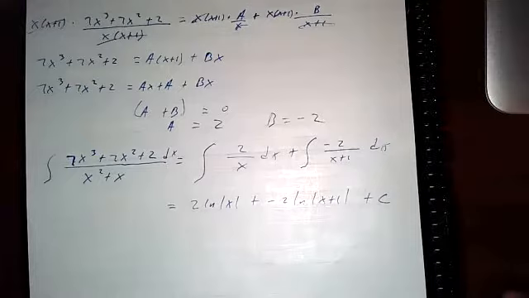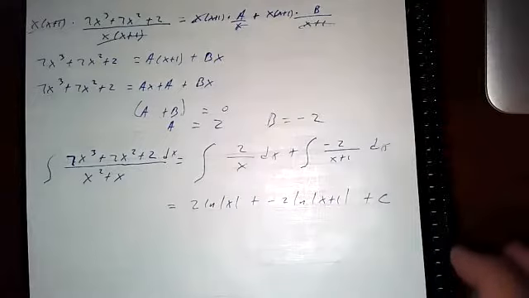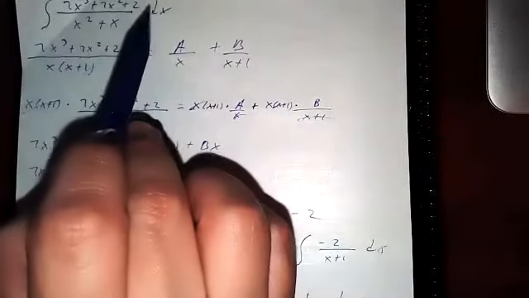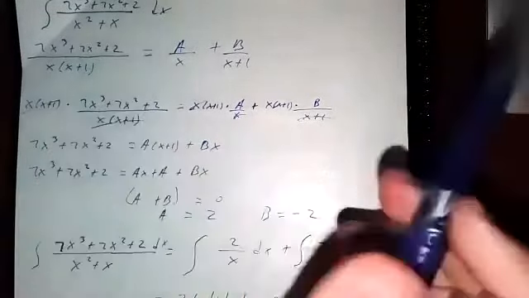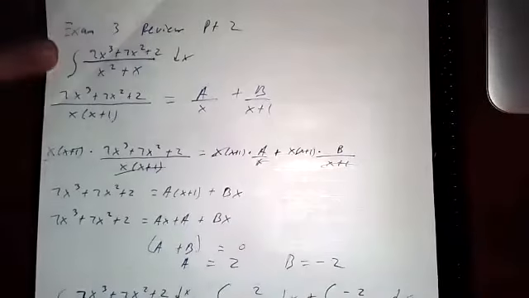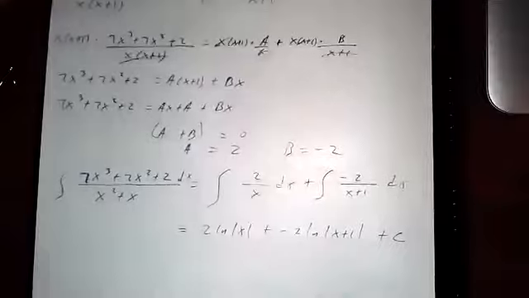Oh, shoot. Made a mistake. I forgot that the denominator has a higher degree. So I need to redo this whole problem. Very sorry about that. So all this is fake math right there.